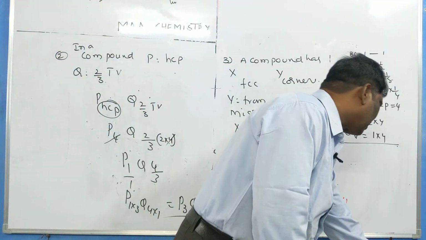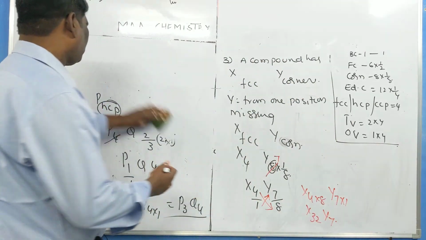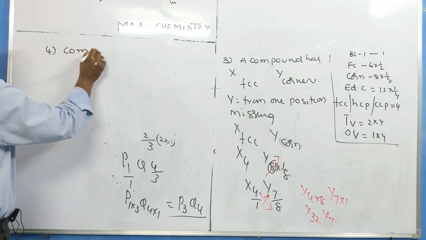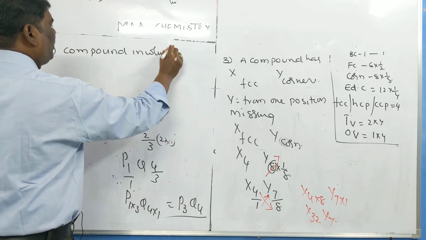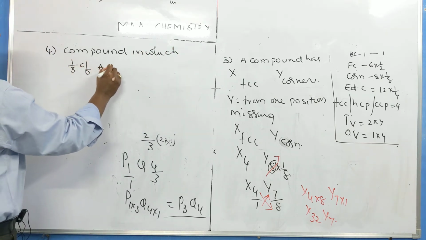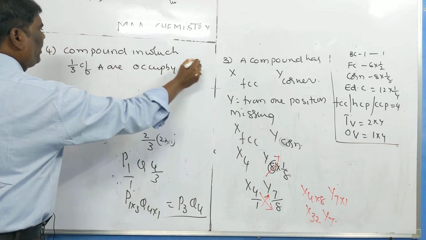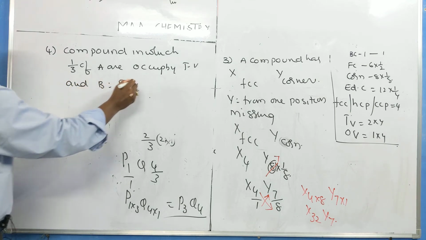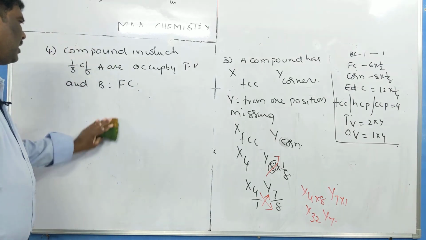Okay. Now this time we are taking one more example. They are saying a compound in which 1/3 of the tetrahedral voids are occupied by A and B occupies face center. What is the formula of the compound?